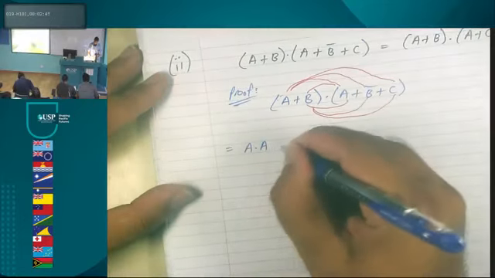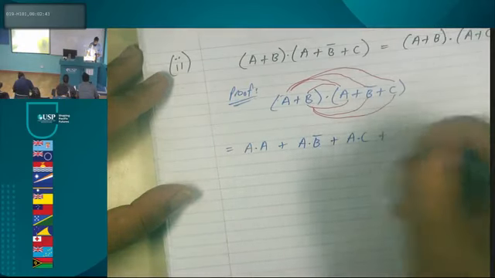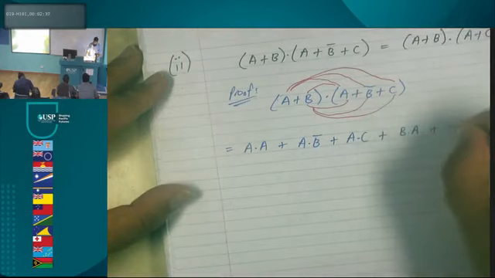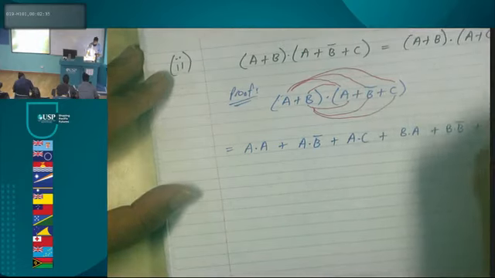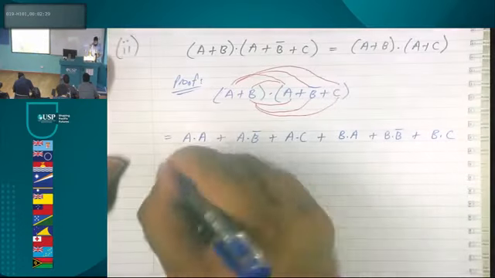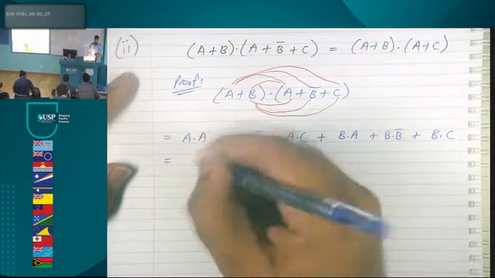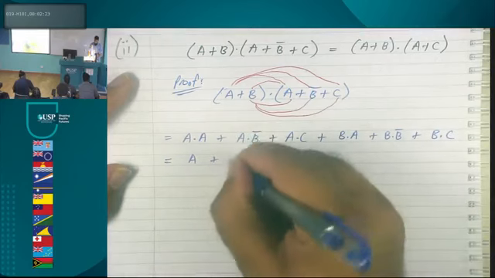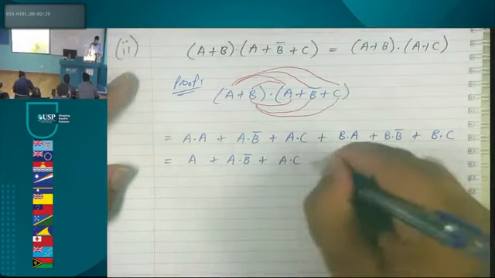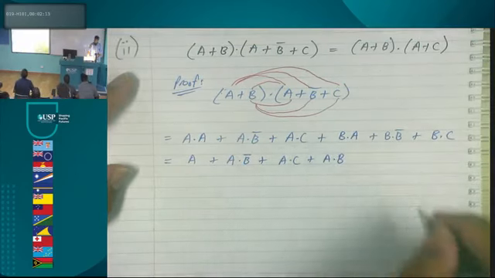A and A, or A and B bar, or A and C, or B and A, or B and B bar, or B and C. See what I've done here? Just expanded using the distributive property. Now A and A will be, tell me, what is A and A? A. A and B bar, you can't do much. A and C can't do much. I'll just rewrite that using the commutative property, just make that AB.